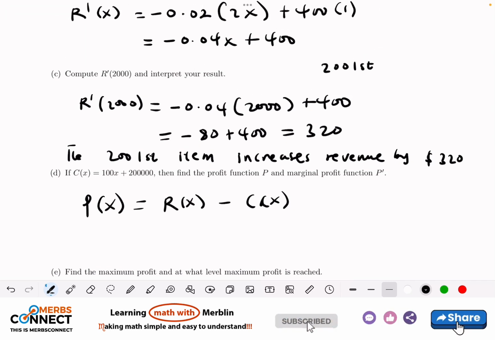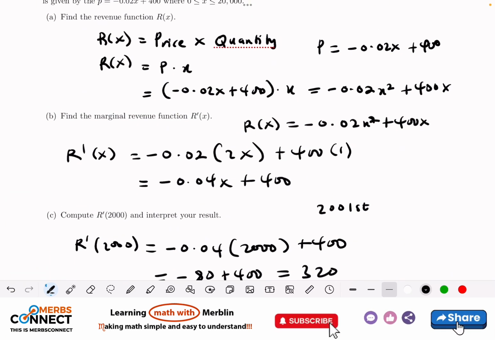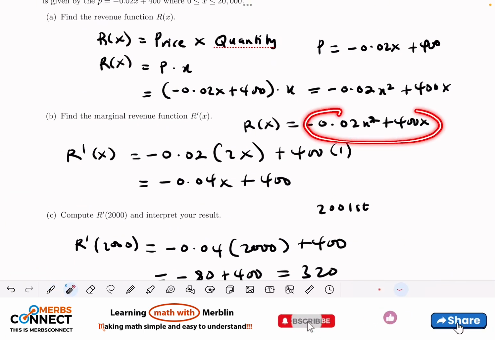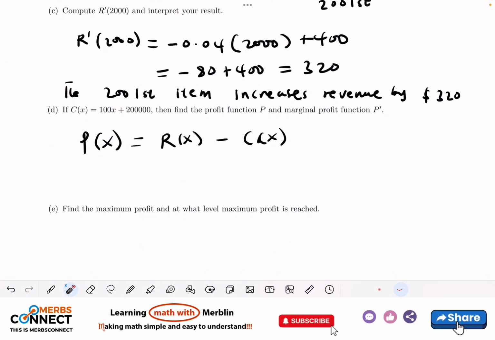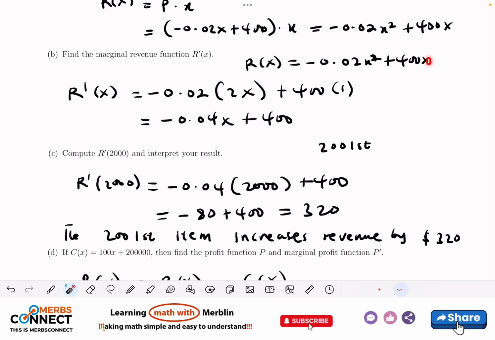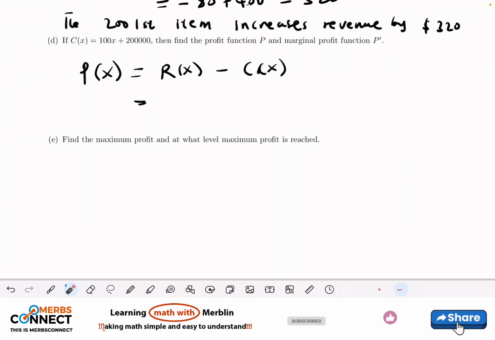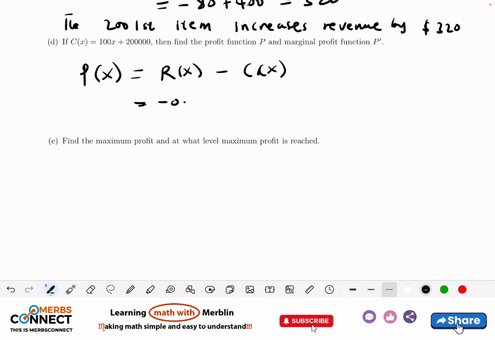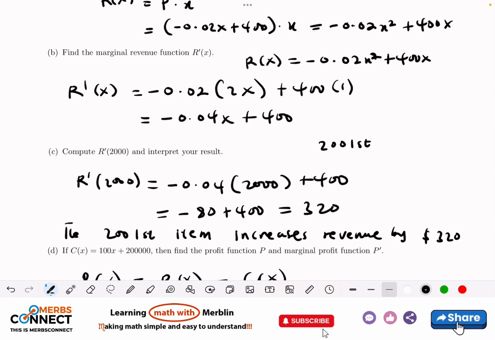Now what is the revenue? We had the revenue to be equal to this. This is the revenue. And then in the question we have the cost. So we just need to do substitution. So revenue is equal to what is here. So minus 0.02x plus, I think, 400, right?